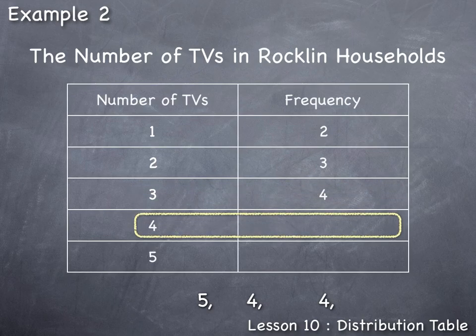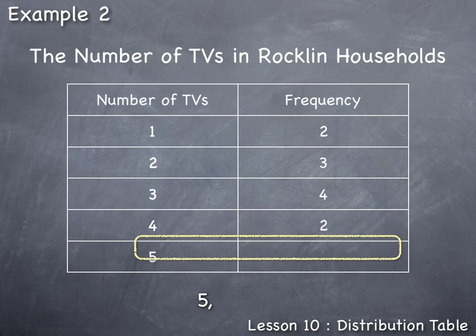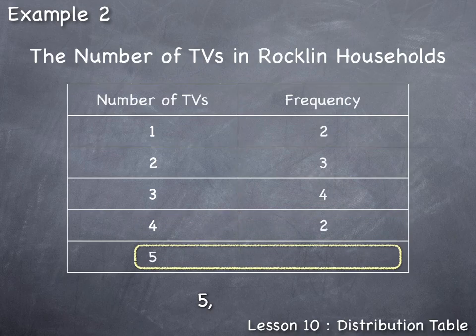Now, for 4 TV households, we find there are 1, 2 households in the sample that contain 4 TVs. Therefore, the frequency of 4 TV households is 2. And finally, 5 TV households, there was only 1 in the sample. So the frequency of 5 TV households in the sample is 1.